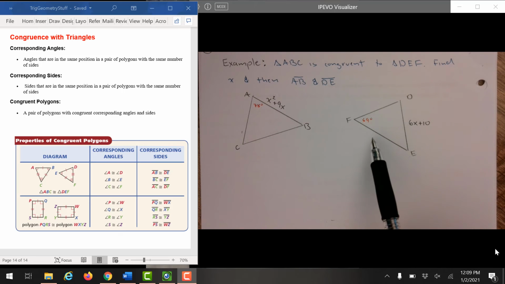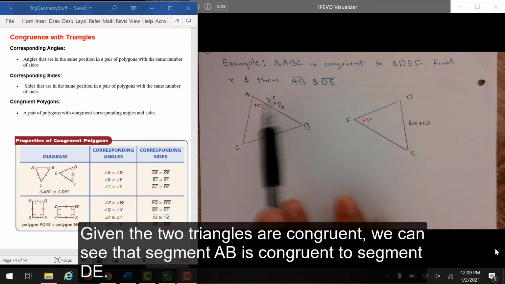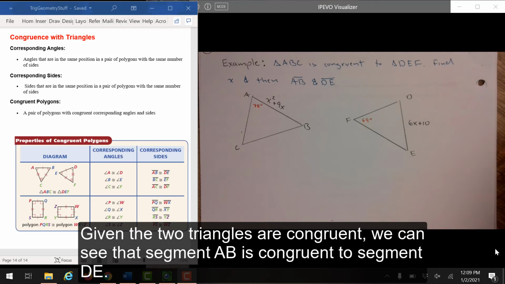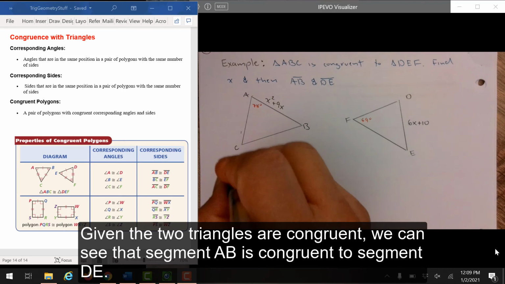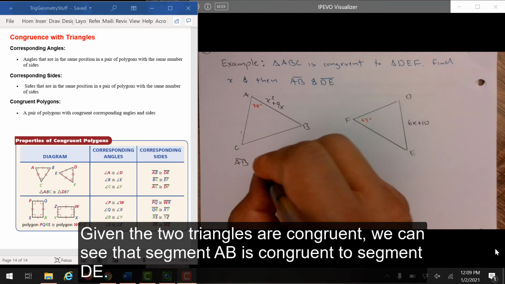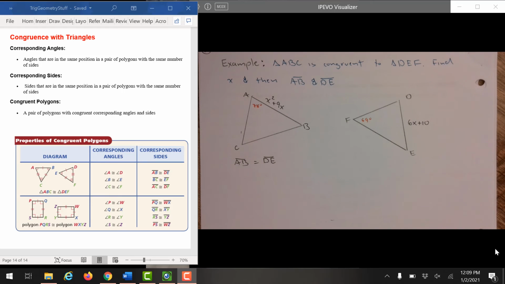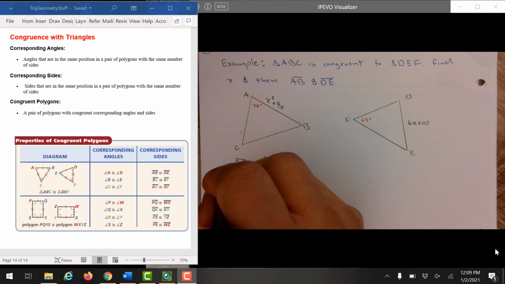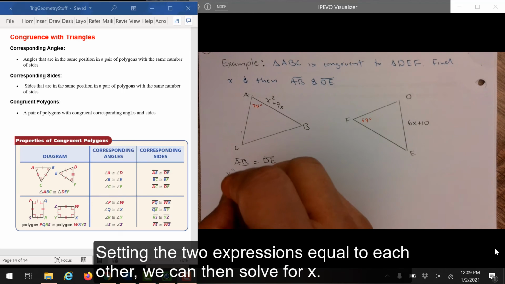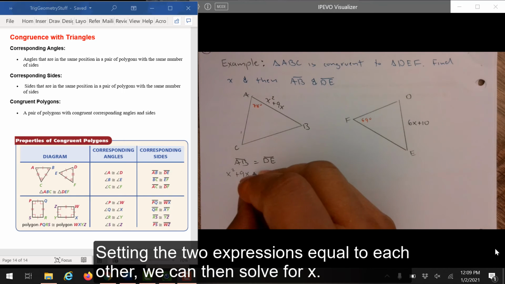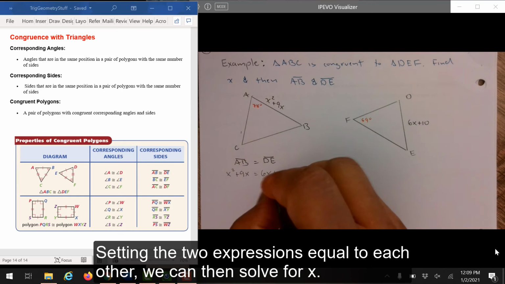Given the two triangles are congruent, we can see that segment AB is congruent to segment DE. Setting the two expressions equal to each other, we can then solve for x.